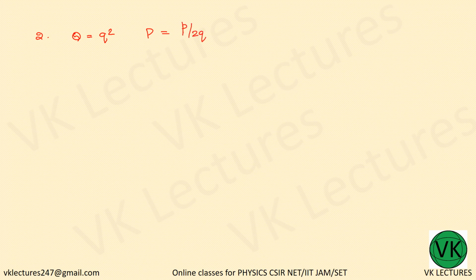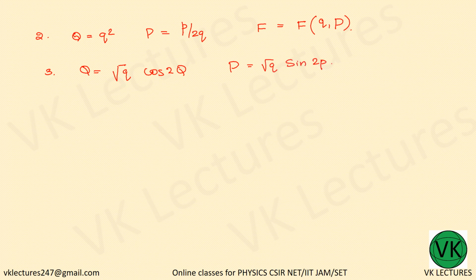Now we need to find the generating function as a function f of small q and capital P. Now third question: q is equal to root Q cos 2 capital P, and p is equal to root Q sine 2p. Asked to find out f of small p, capital Q.